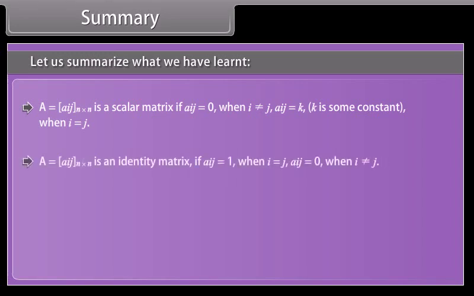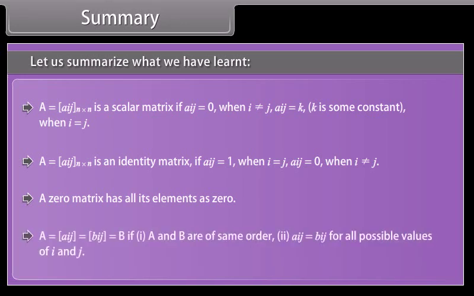A is equal to a_ij, n by n, is an identity matrix if a_ij is equal to 1 when i is equal to j, and a_ij is equal to 0 when i is not equal to j. A zero matrix has all its elements as 0.